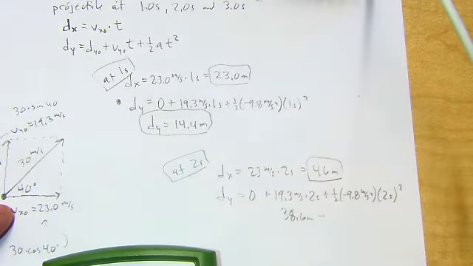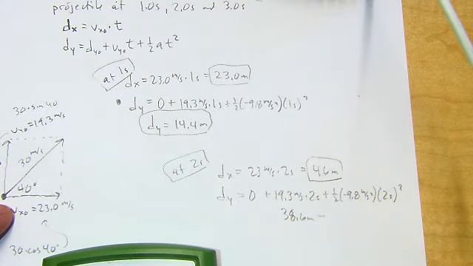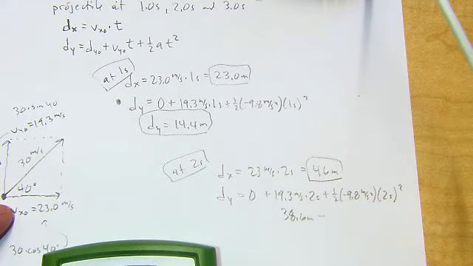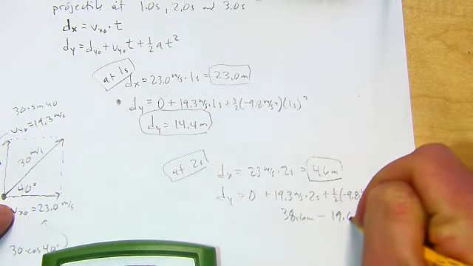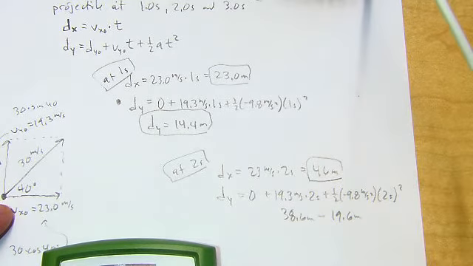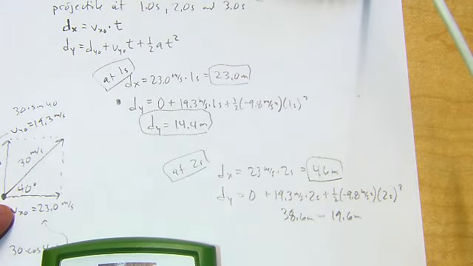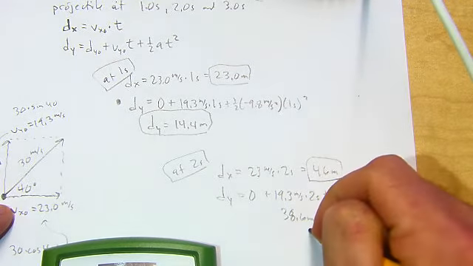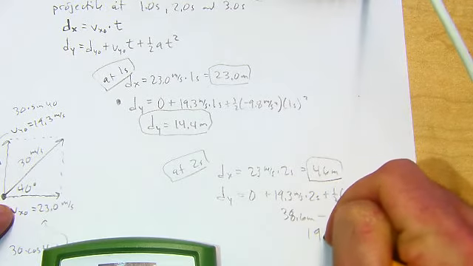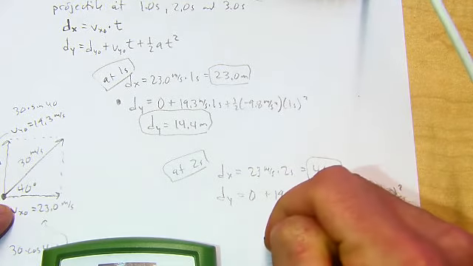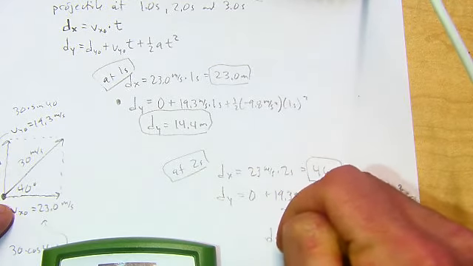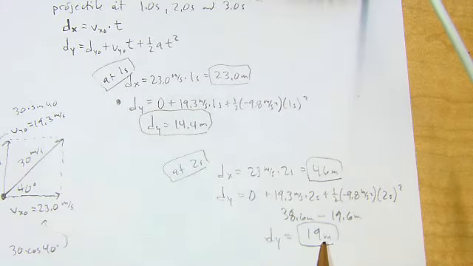And this will end up being a minus 0.5 times 9.8 times 4, right? 19.6. Okay, so 38.6 minus 19.6, 19. That's your dy. That's how high it is off the ground.